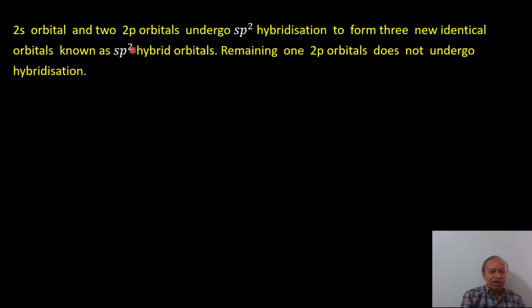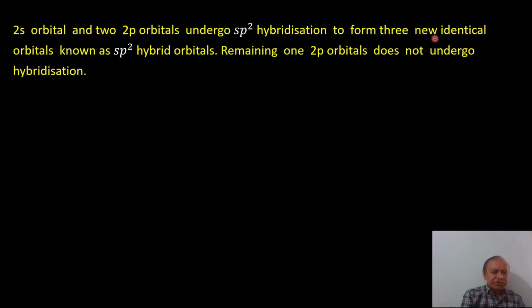Here 3 atomic orbitals are mixing, one 2s orbital and two 2p orbitals, so you will get 3 new orbitals. They are known as hybrid orbitals, and they are all identical with respect to energy and shape.